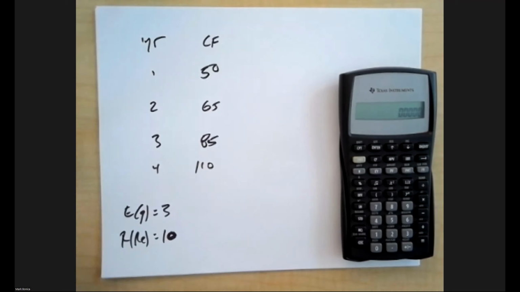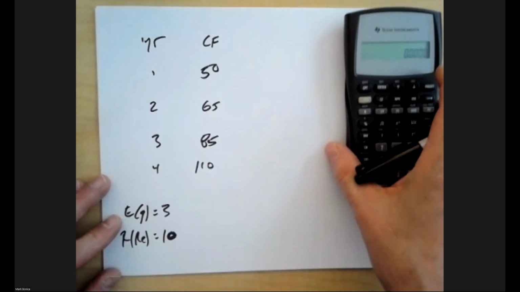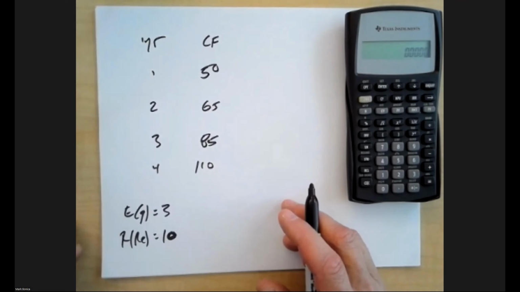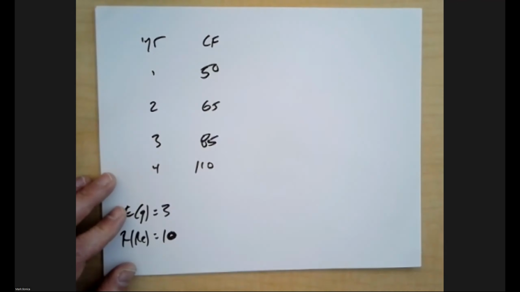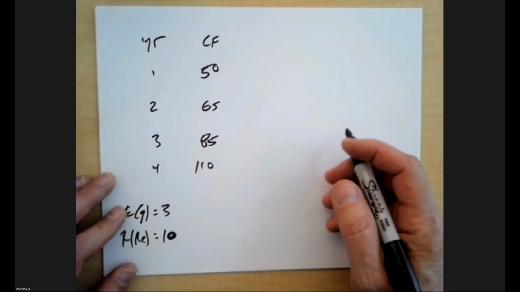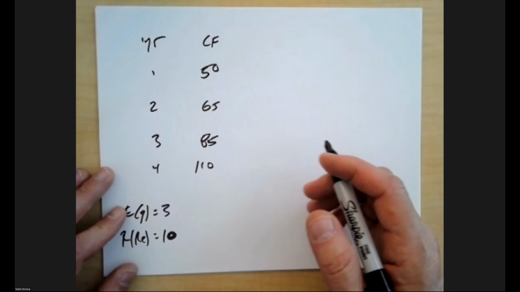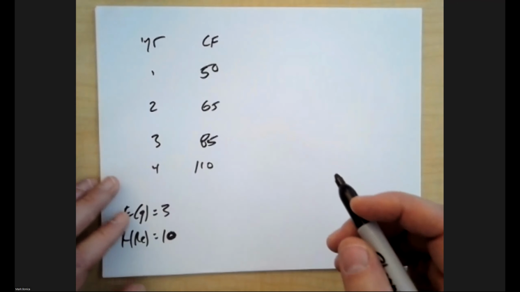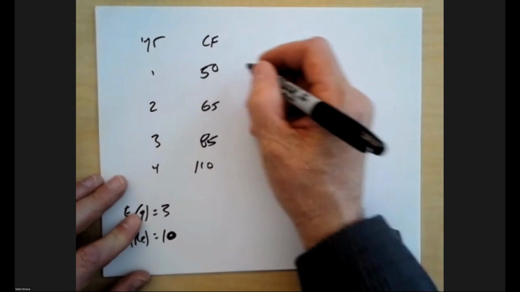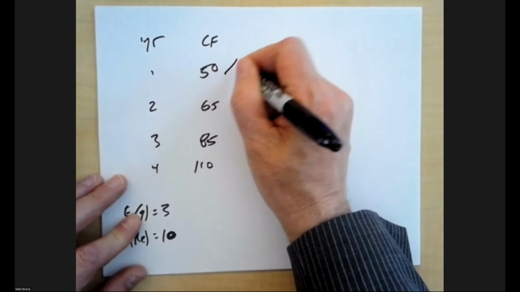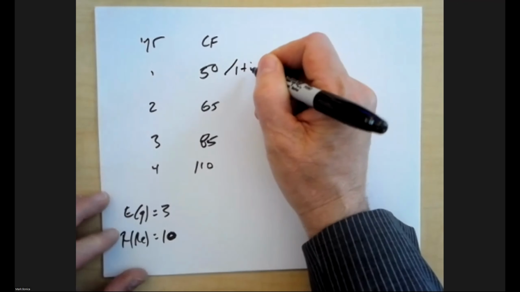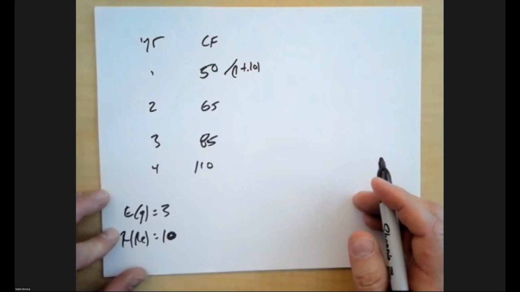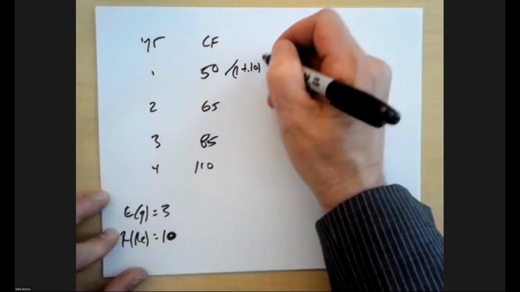So the first one, cash flow of 50 at the end of year 1. How do we figure out what it's worth? Okay. So it would be divided by 1 plus 10%, in this case, 0.1, raised to the first power.